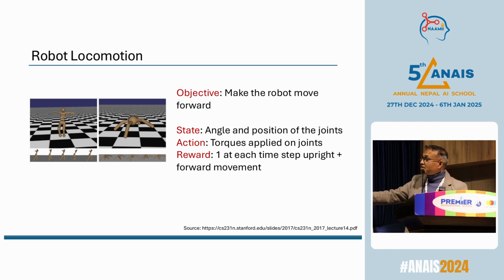So this state is very important to make this robot move forward. And then what is the action? The action is the torques applied on the joints. How much torque you apply to the joints actually makes the robot move forward. So this is the action. And the reward is of course 1 at each time step, for staying upright plus forward movement.